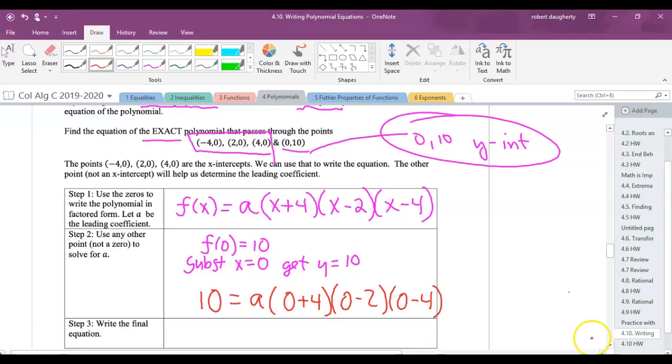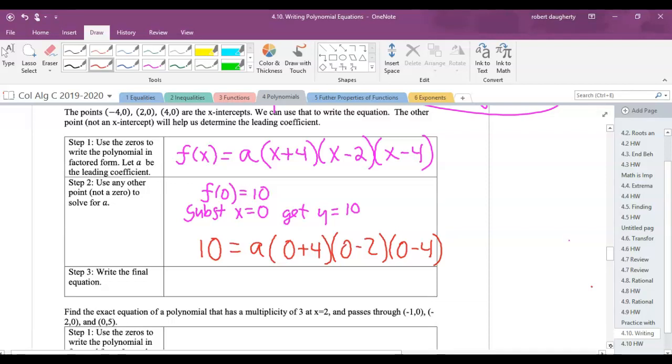Okay, so now I just do a little bit of arithmetic. 10 is equal to a times 4 times negative 2 times negative 4. What number is that? That is 32, is that right? So I get 10 is equal to 32a. How do I solve that for a? Divide by 32.